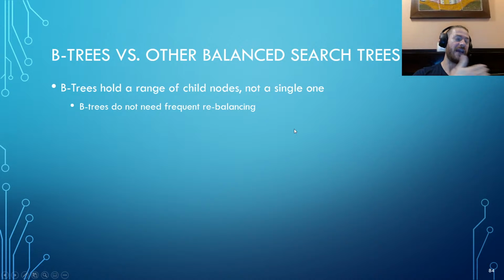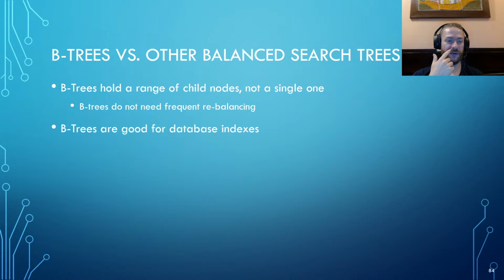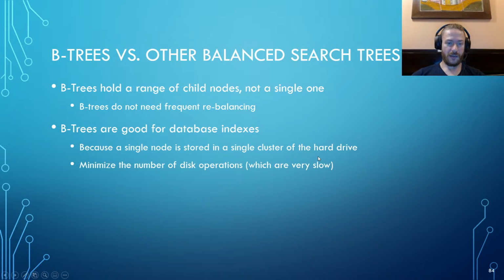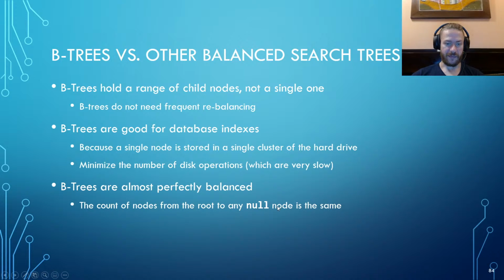They are not like the AVL trees because they're more balanced, because of the option to store more than one value in a node. I already said that the database indexes are a good example of B-trees, and they are perfectly balanced.